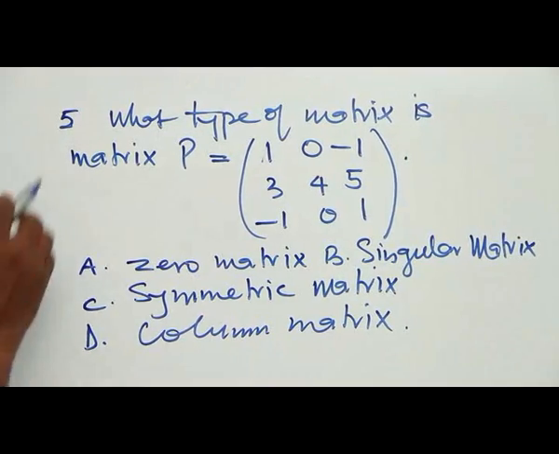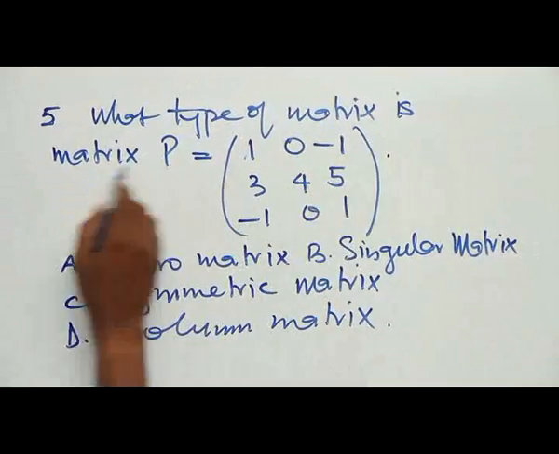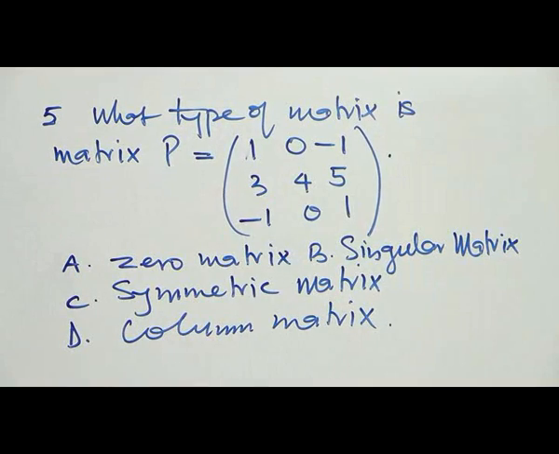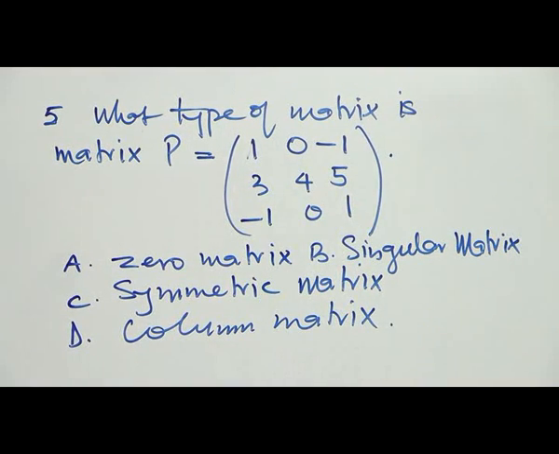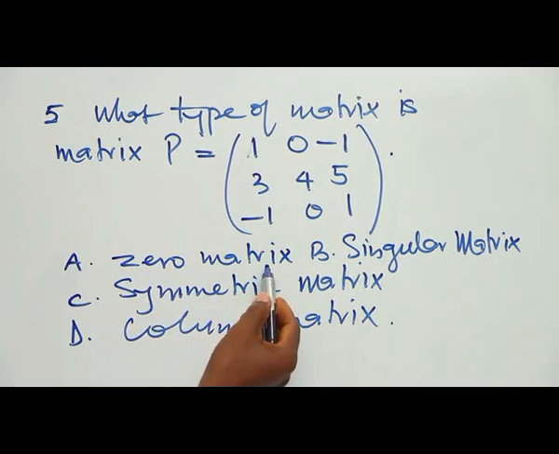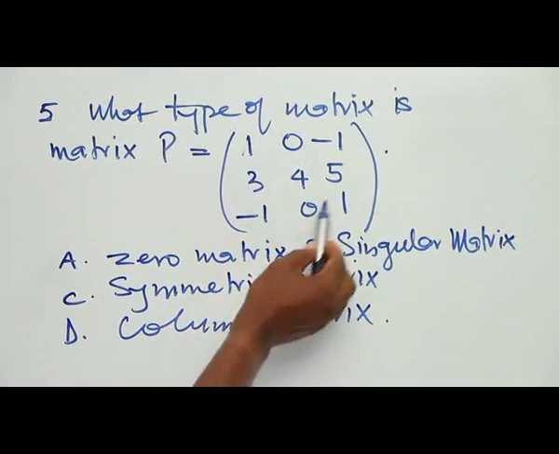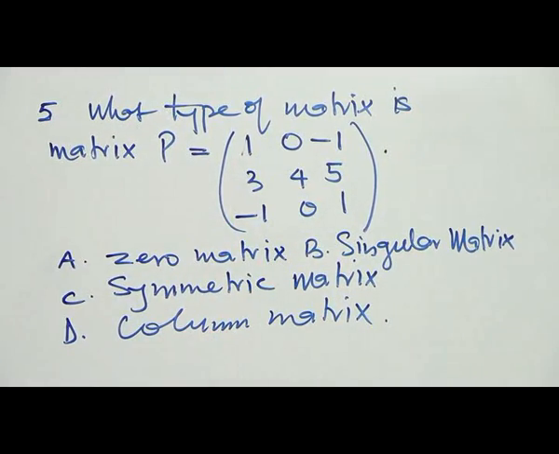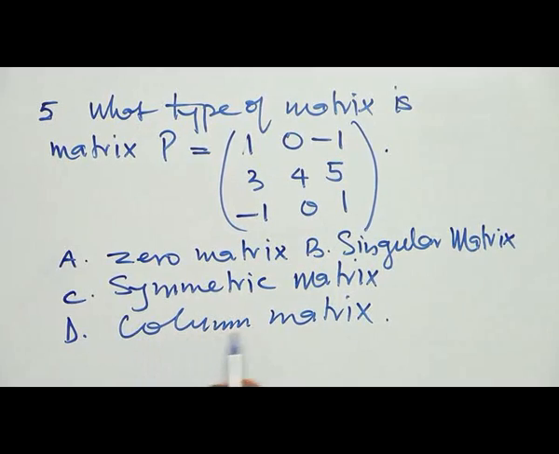We have example 5. What type of matrix is matrix P? This is the matrix P. What type of matrix is this? Now, for us to determine the type of matrix that is here, it's obvious that it's not a zero matrix because all the entries must be zero for it to be a zero matrix. It's also obvious that it's not a column matrix.